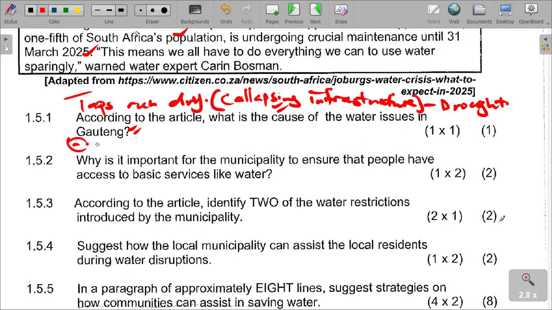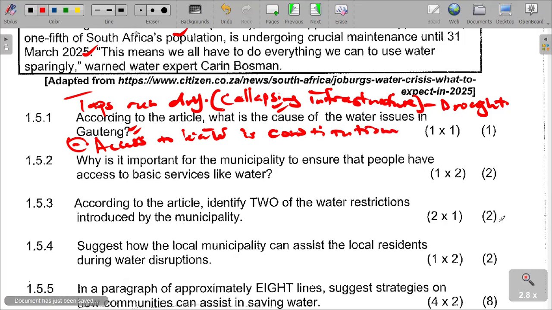Access to water is a constitutional human right. Everyone must have access to water. That is a human right that must be there. People must have water.